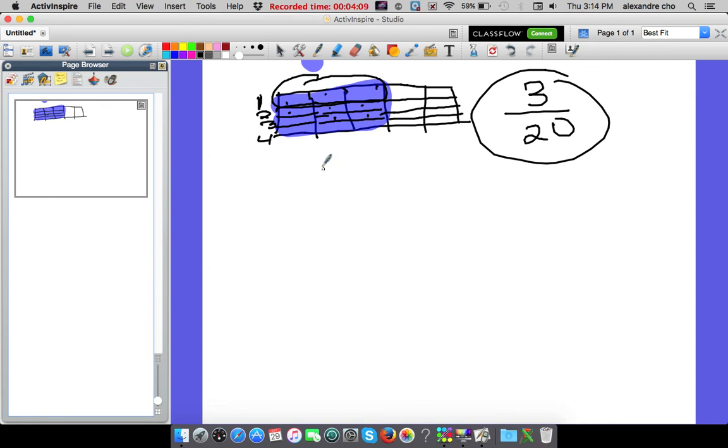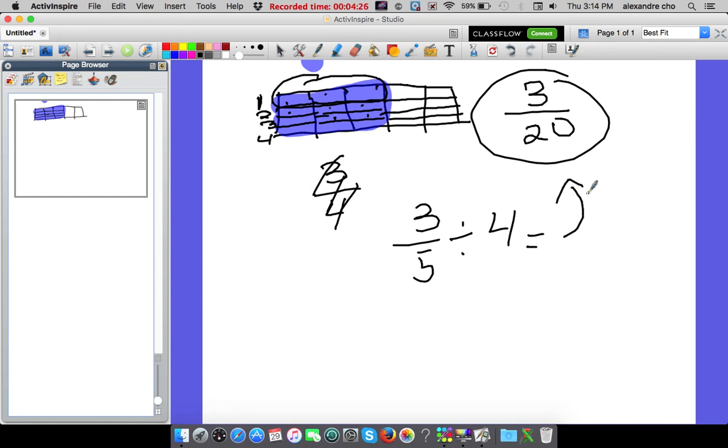And the sentence here was 3/4 is what you have. I'm sorry, 3/5. Okay, 3/5. And you're dividing this among 4 of your friends. And your answer is that every friend gets 3 out of 20. Okay?